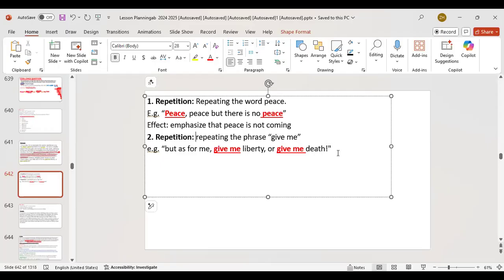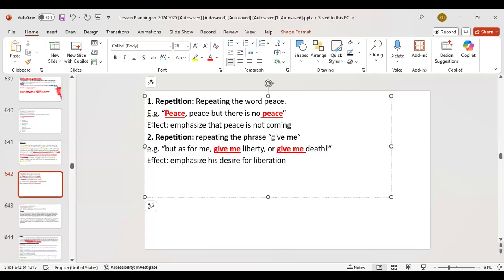Okay, good. What's the effect of this? The effect of saying "give me liberty or give me death": you want to emphasize that what? Emphasize his desire for liberation.